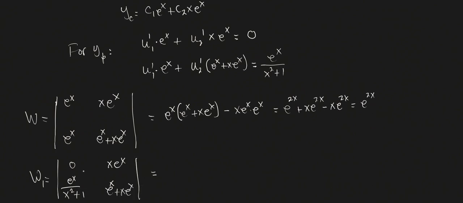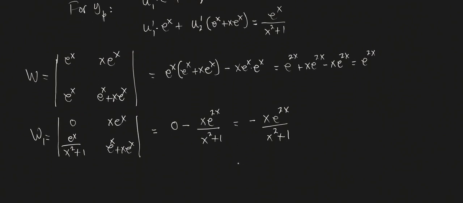Now again, using our AD minus BC, the product of those functions on that main diagonal is 0, and then minus, when I multiply these two, now think of this as being over 1, so I'm multiplying those numerators, I'm going to get x e to the 2x over x squared plus 1. So that simplifies to negative x e to the 2x over x squared plus 1. All right, so that's our W1.